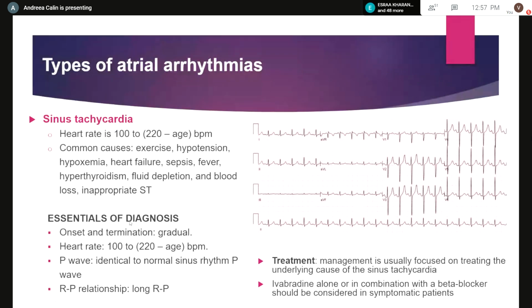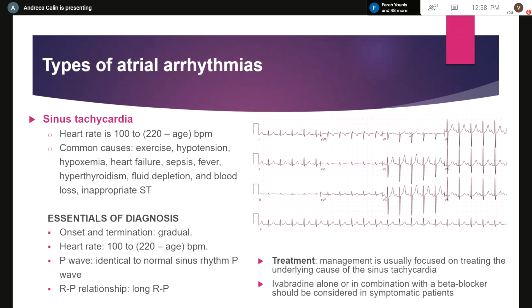The essentials of diagnosis on the ECG: the onset and termination are gradual. The heart rate is 100 to this maximum cutoff value for age. The P waves are identical to normal sinus rhythm, and regarding the RP relationship, there is a long RP because the P waves are preceding every QRS complex and they are far from the preceding QRS complex.